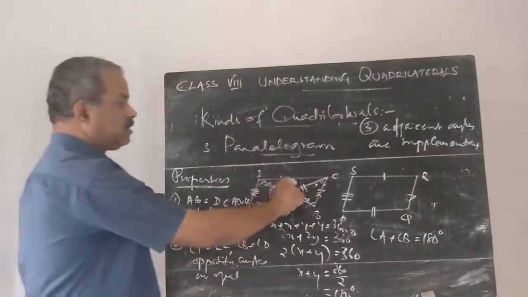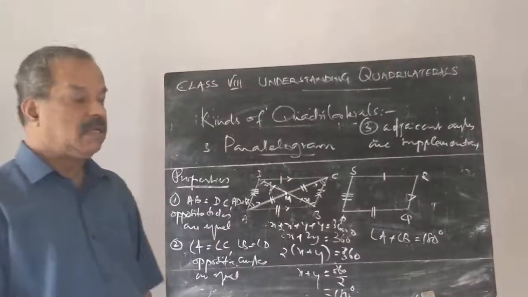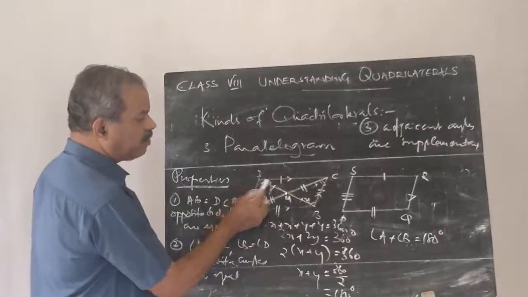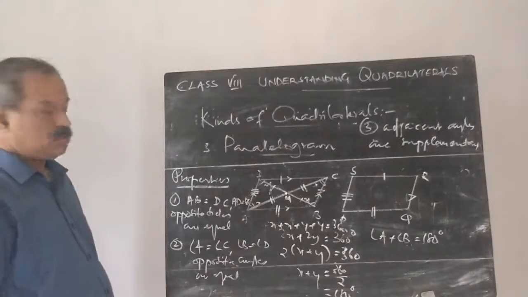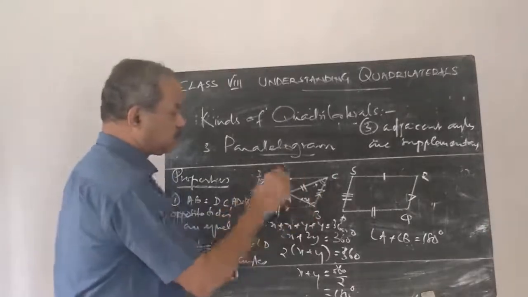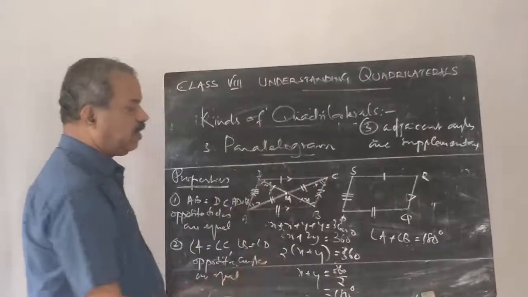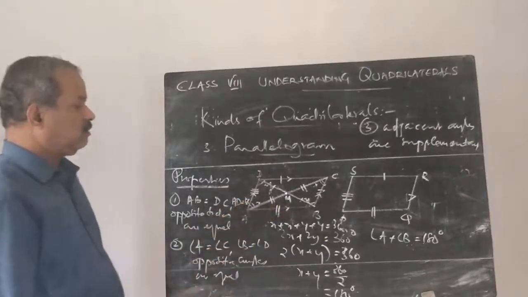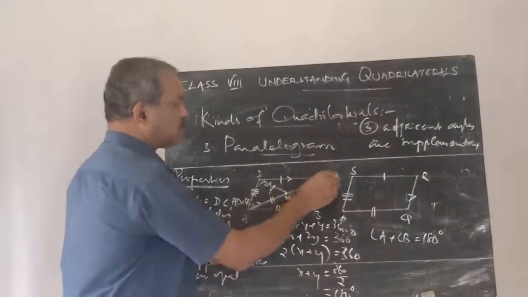Then what is the relation between these two diagonals? Diagonal AC divides diagonal DB into two equal parts. So AC is the bisector of DB. The reverse also: DB is the bisector of AC.